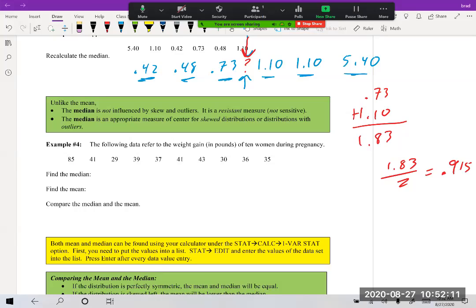For this next problem, it says the following data refer to the weight gain in pounds of 10 women during pregnancy. Okay, so find the median. So once again, we have to write it in order.